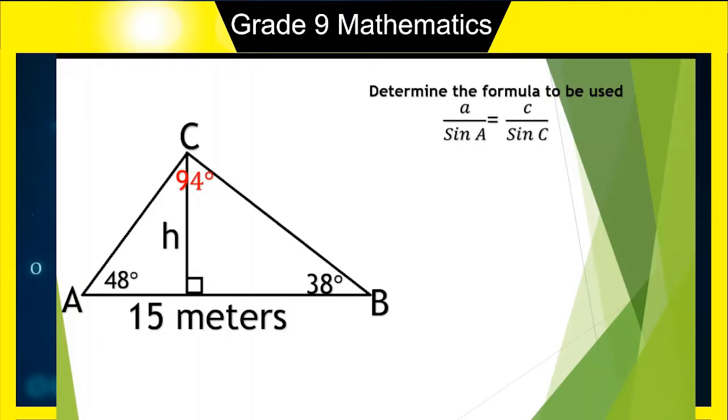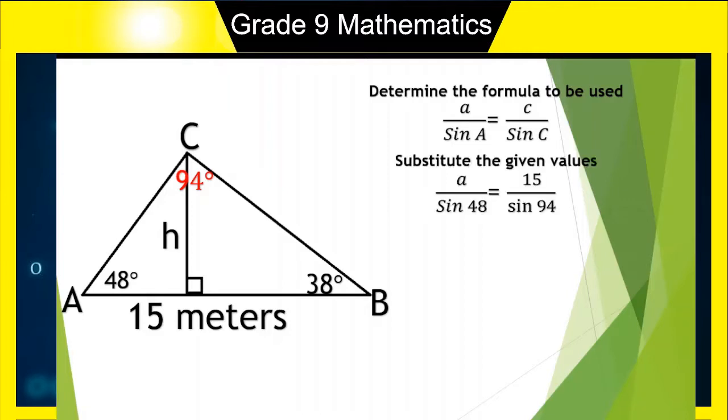From there, we need to determine the formula to be used: A over sine A is equal to C over sine C. We use that formula to solve for side A. The next step is to substitute the given values. So A over sine 48 is equal to 15 over sine 94.